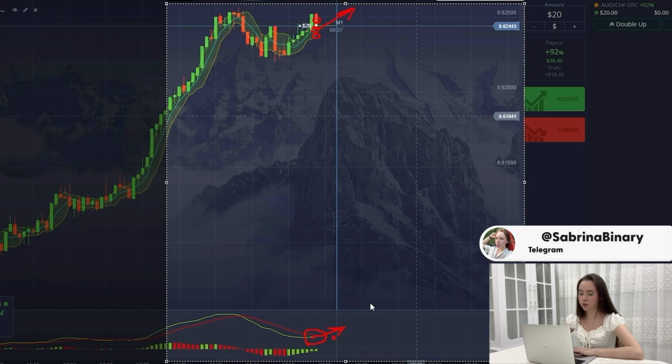Three exponential moving averages with different periods are used for calculation. A slow moving average with a smaller period is subtracted from a fast moving average with a larger period.